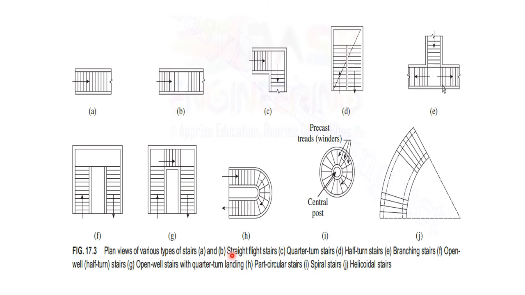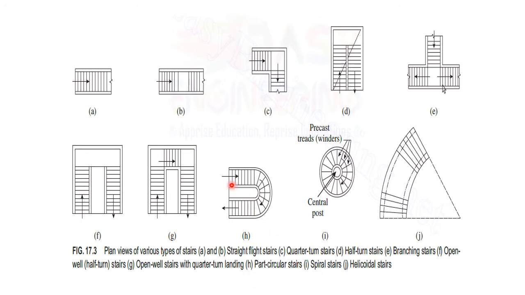The first, A and B, are the straight flight stairs. The third one, C, is the quarter turn stairs, D is the half turn stairs, and E is the branching stairs which can be observed in public buildings. Then F is the open well or half turn stairs, and G is the open well stairs with quarter turn landing.